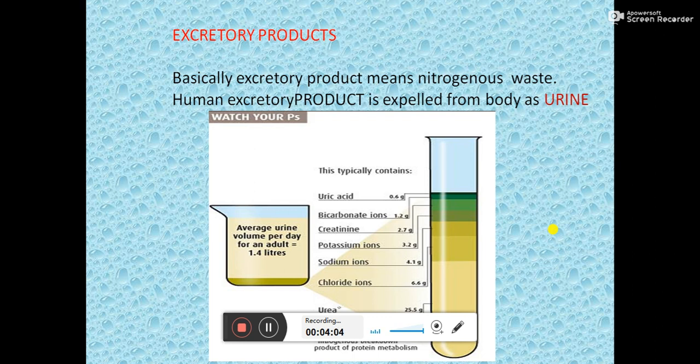Now we're going to learn about what is excretory product. Basically, excretory product means nitrogenous waste. Human excreted product is expelled from the body as urine.